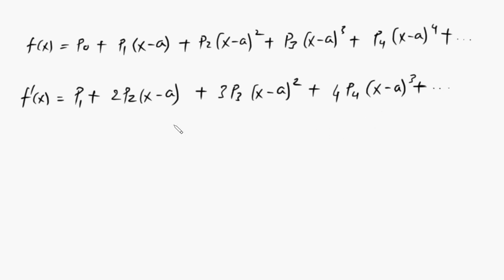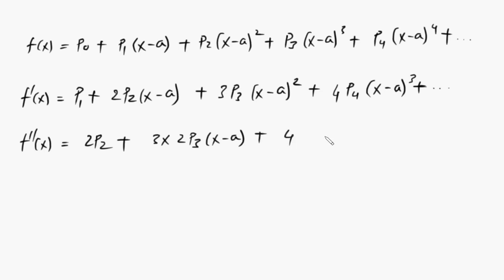Now the second derivative, which means I differentiate the first derivative. p1 is a constant, so it becomes 0. Then 2 p2, where p2 is a constant, and differentiating x minus a gives 1. Then 3 and p3 is a constant, so differentiating (x minus a) squared gives 2(x minus a).